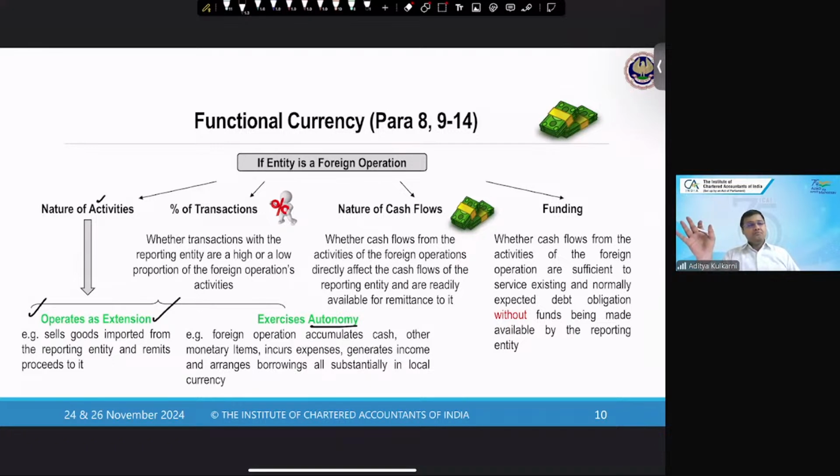So now the entity makes the sale, collects the money, and keeps the money with itself for expansion of operations or meeting its expenses as the case may be.